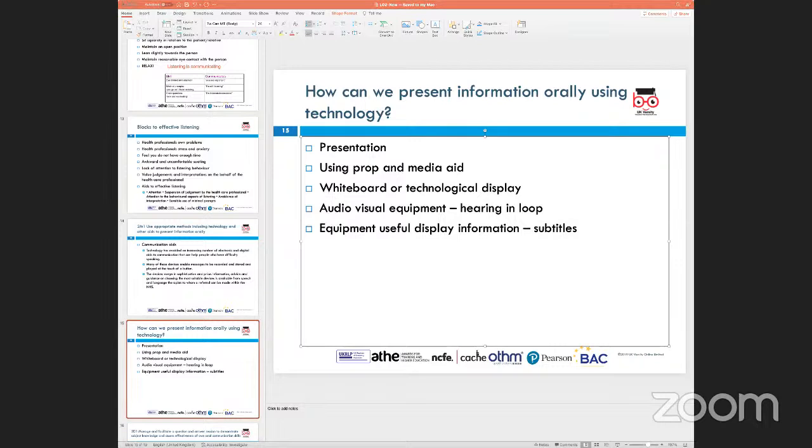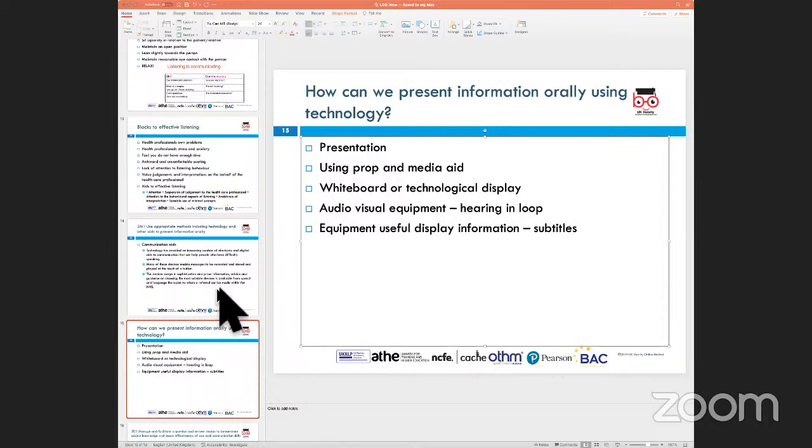Complementing what is being spoken about with a diagram, a chart, or some sort of visual material allows the information to be consumed and understood more clearly.